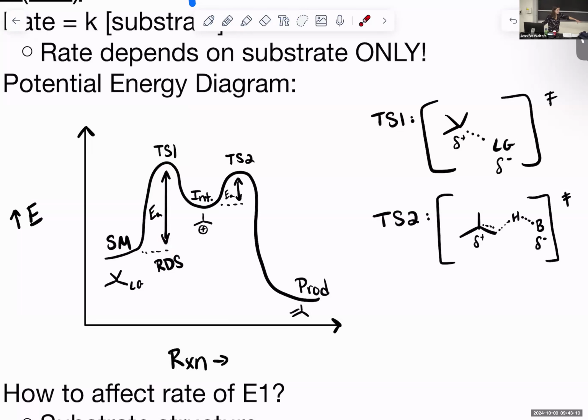Same thing as SN1. Your rate determining step, your slow step, is making the carbocation. That's always hard. The carbocation formation will also always be endothermic. I don't remember if I said that with SN1, but because it's that high potential energy, it's always going to be endothermic.